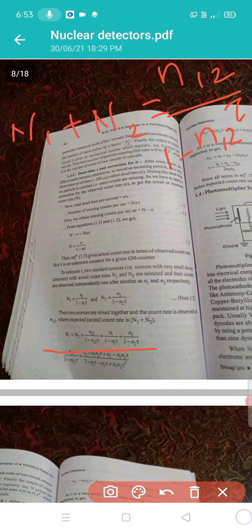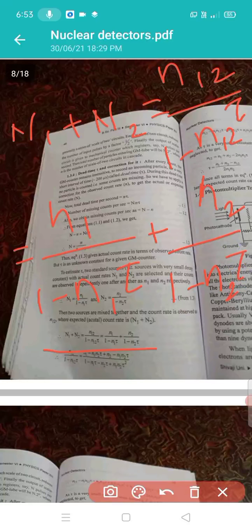That is equal to n1 divided by 1 minus n1 tau plus n2 divided by 1 minus n2 tau, adding the actual count rates for the two sources. This one is the count rate for the first source, this one for the second source, and this one is the count rate for the mix when the two sources are mixed together. We get this equation.